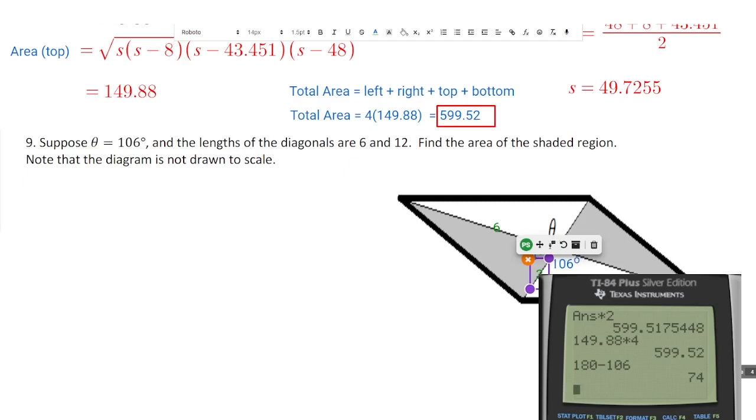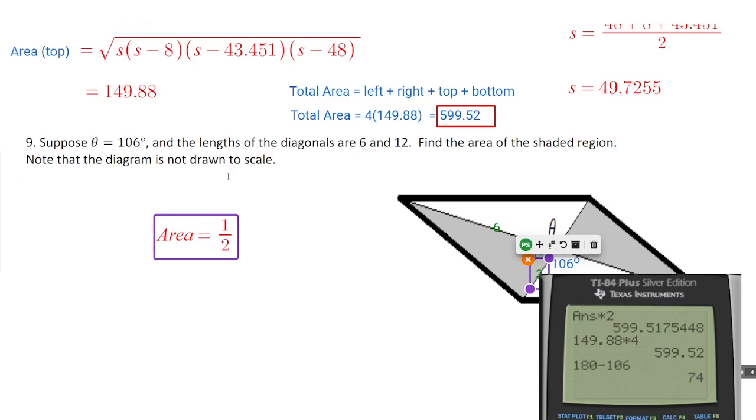I'll go ahead and type it. There we go. The area is 1/2 times the product of the 2 sides that are adjacent to the angle. So times 6, times 3, times the sine of 106.